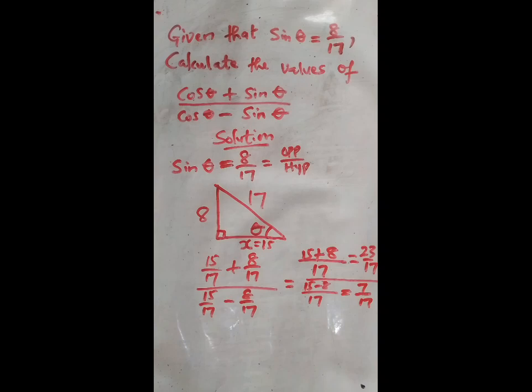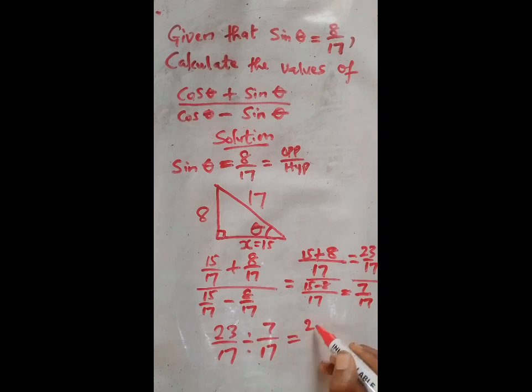So this is 23 over 17 divided by 7 over 17.